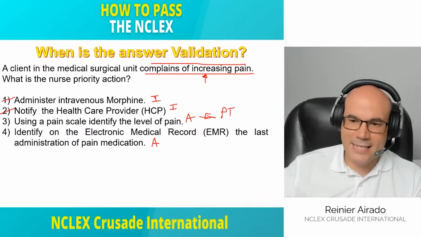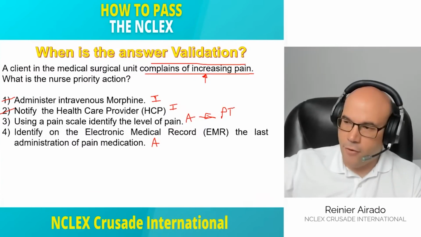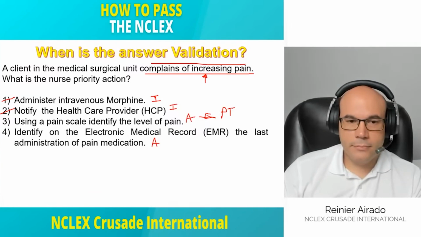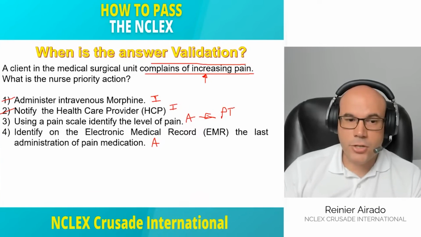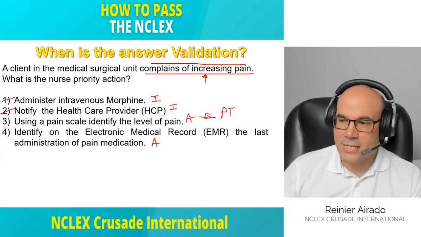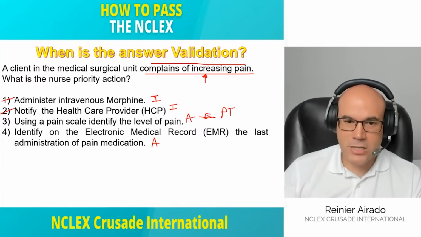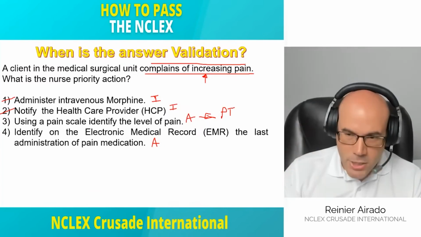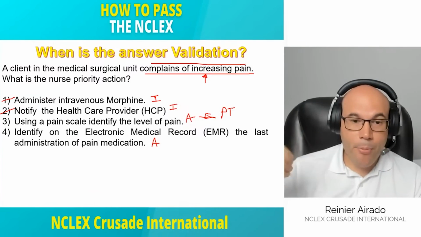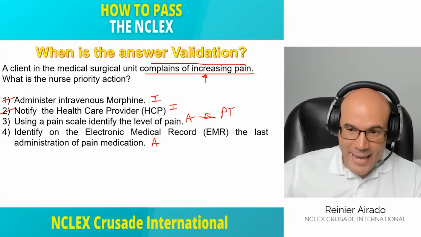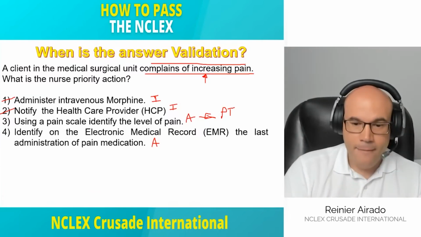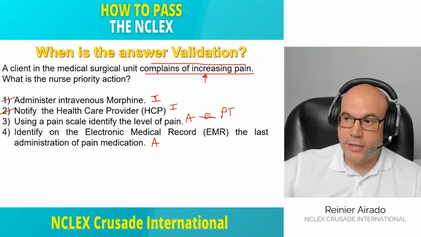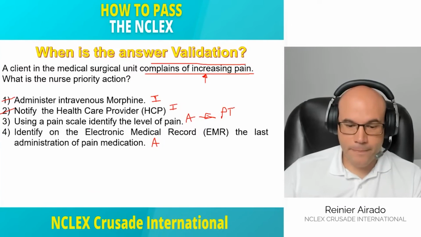It validates the scenario described in the question. So if you really take this into consideration, answer number 3 is a better assessment because it focuses on the patient and the patient's problem, and more importantly, it validates the subjective data or the referred data described in the question itself.